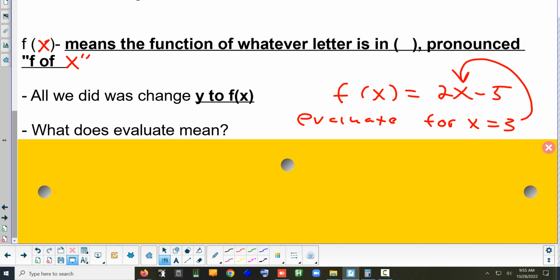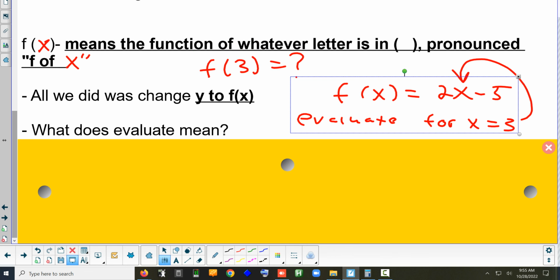If we use this new notation, I could still write evaluate for x equals 3, or I could just write f of 3. That means to take the 3 and fill it in for x and tell me the answer. This is exactly the same as writing out this sentence. This means evaluate the function f at the number 3.